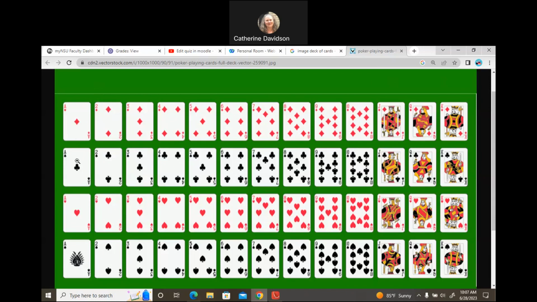And then they call these ranks. So aces, there's 4 cards in each rank. So there's 4 aces, 4 twos, 4 threes, and so forth. There's no jokers in here. Anytime you're dealing with statistics or probability, this is the deck of cards that they are referring to.